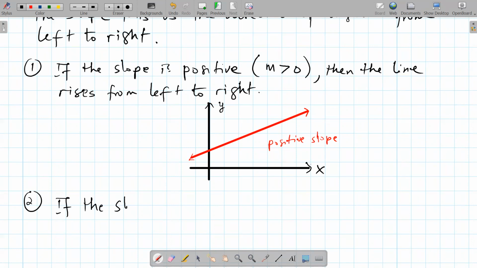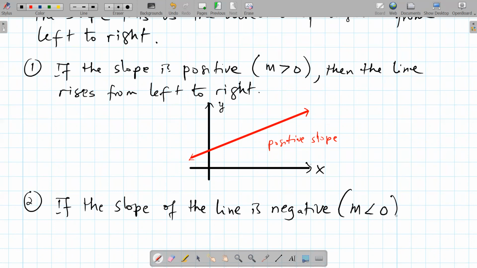The slope of the line is negative. That is if m is strictly less than 0.